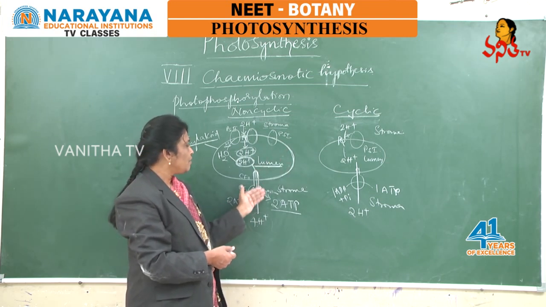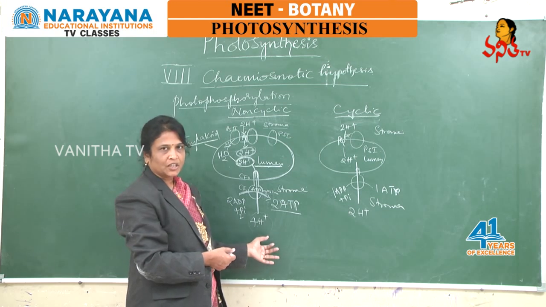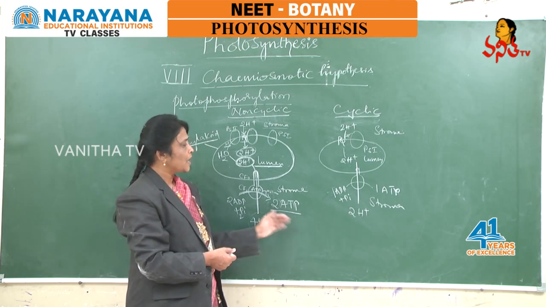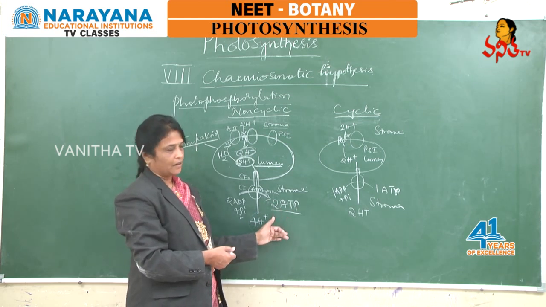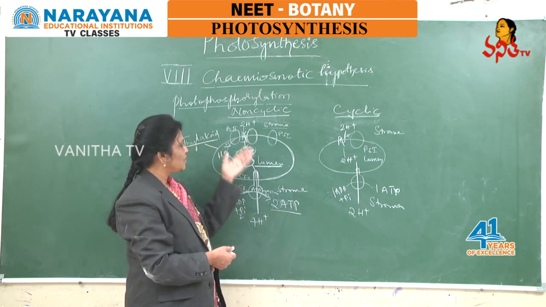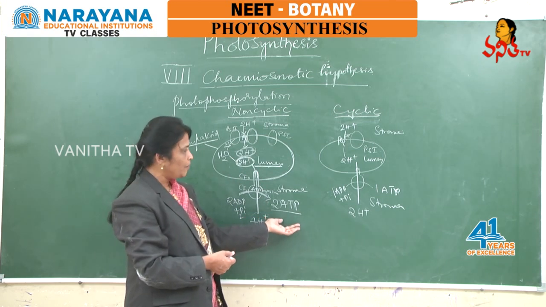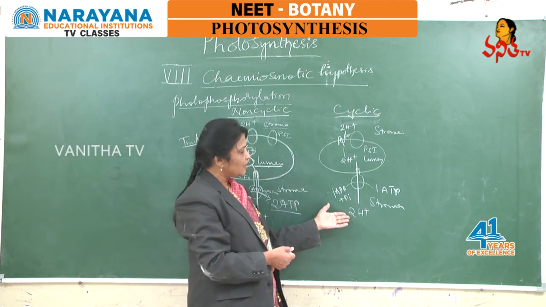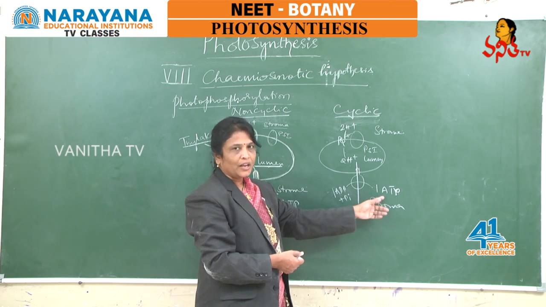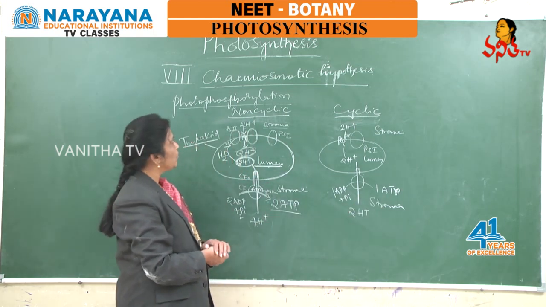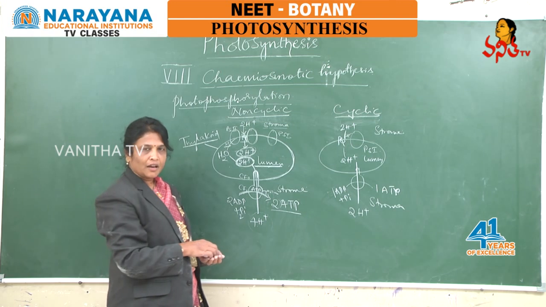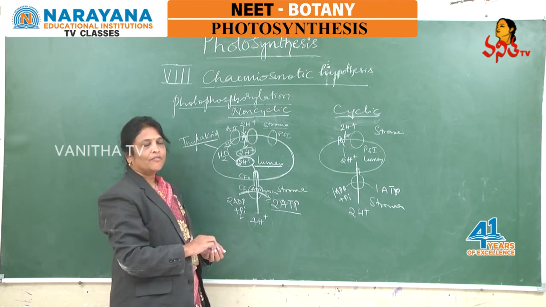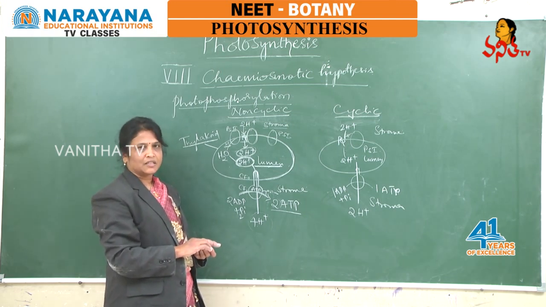So protons are always channeled through the coupling factor, and that is another reason why that energy is utilized for the synthesis of ATP. So for a pair of electrons in NCET, 2 ATP are synthesized, and for a pair of electrons in cyclic, only one ATP is synthesized. And that is about Peter Mitchell's chemiosmotic hypothesis, how it causes phosphorylation, that is ATP synthesis.